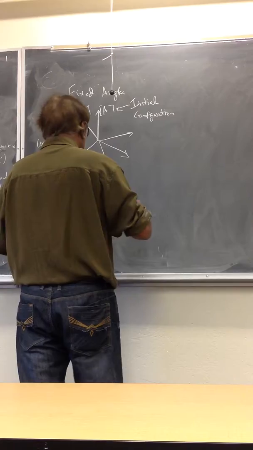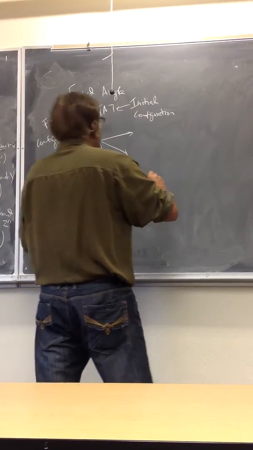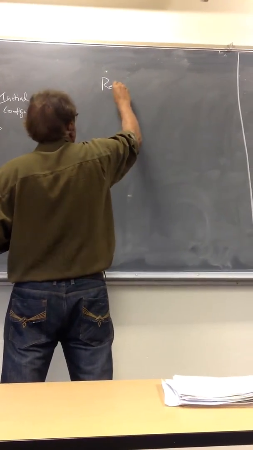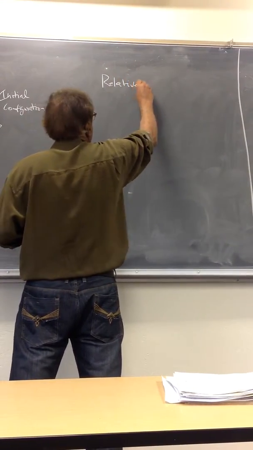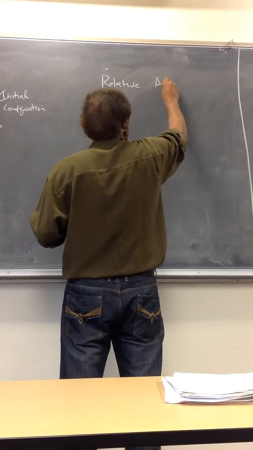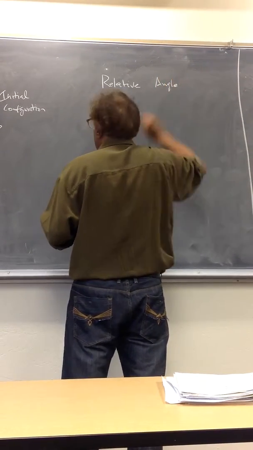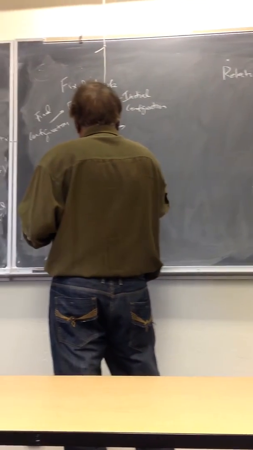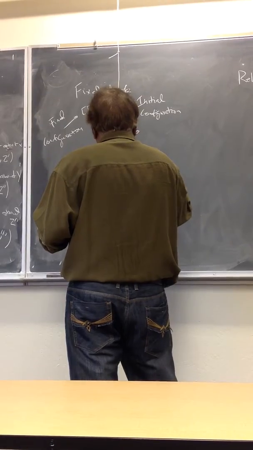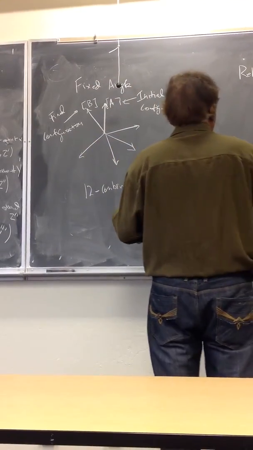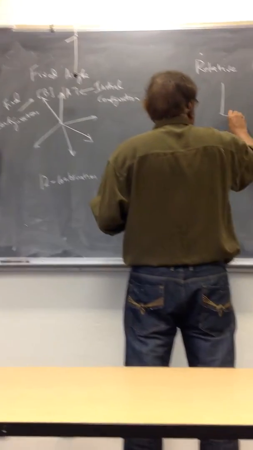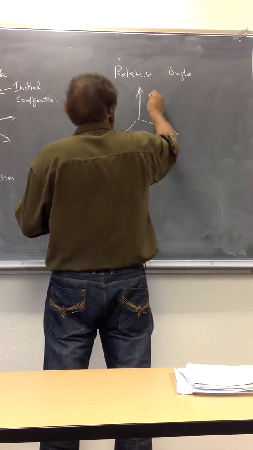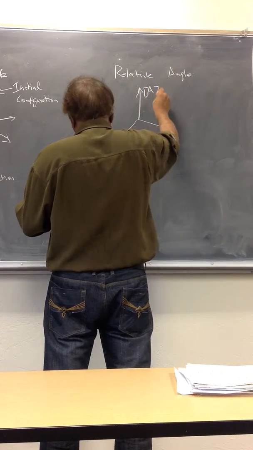And then you have relative angles, and these are 12 combinations here. And then you have your relative here that will take you from A to B.